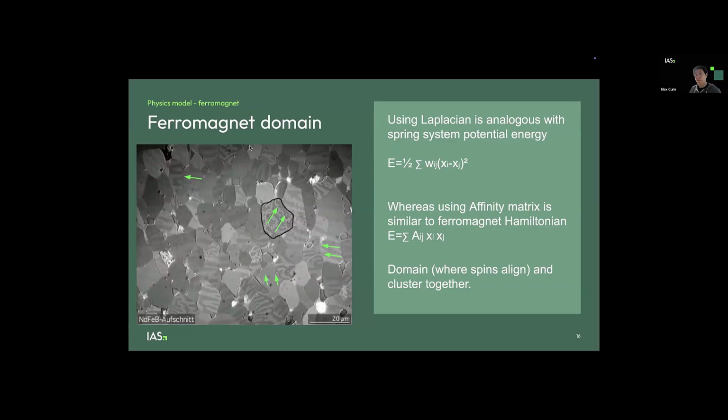Coming into the ferromagnetic domain, you can imagine a bunch of tiny magnets misaligned, like an unmagnetized magnetic material.